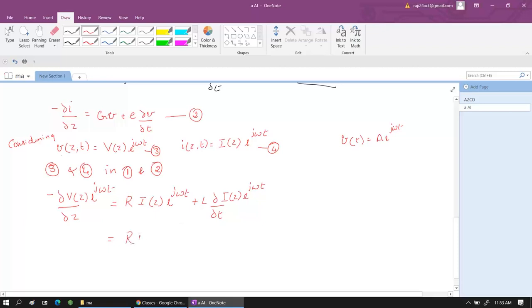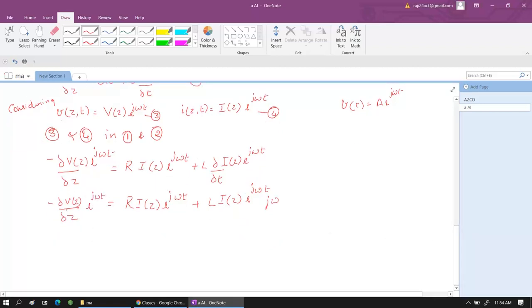When we differentiate I of z e to the power j omega t, as it is plus L dou I by dou t, I of z acts like a constant because the variable is t over here. Now this becomes e to the power j omega t as it is, into j omega. So this is what you will get. On the other side it is dou V of z divided by dou z, e to the power j omega t.